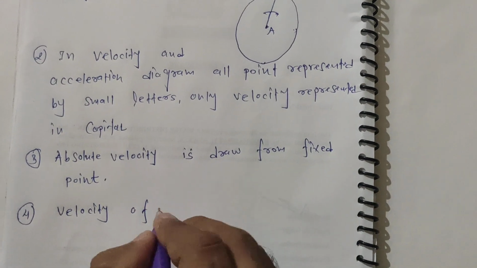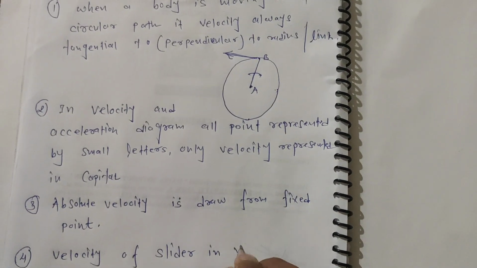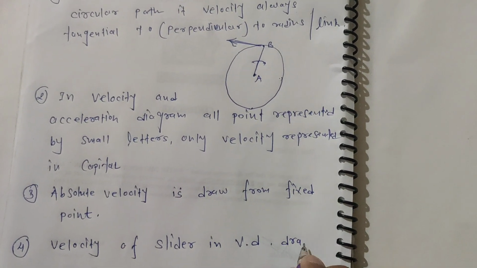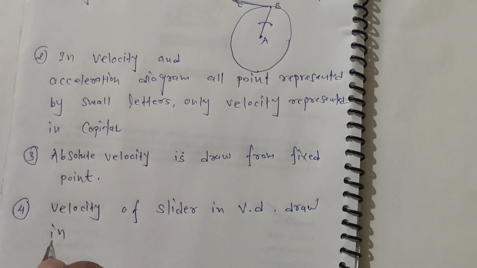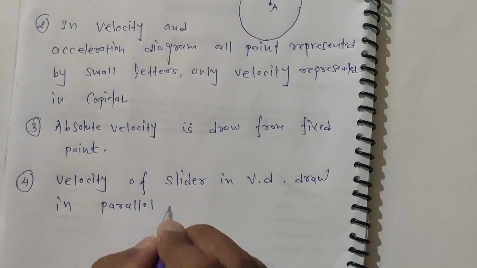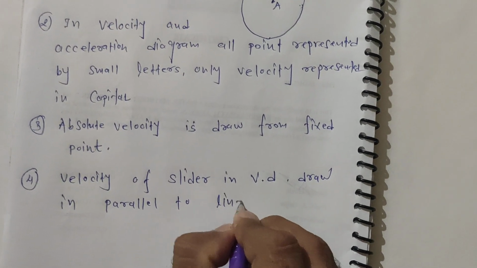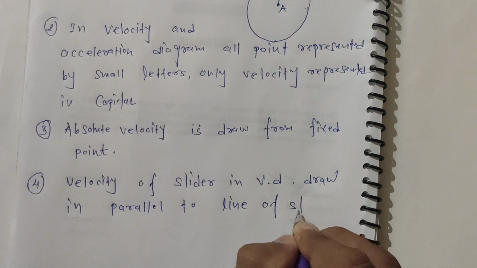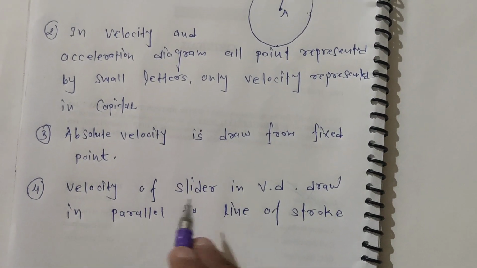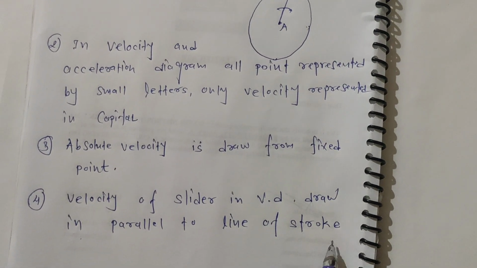of slider in velocity diagram is drawn parallel to the line of stroke. Okay, velocity of the slider in velocity diagram is drawn parallel to the line of stroke.